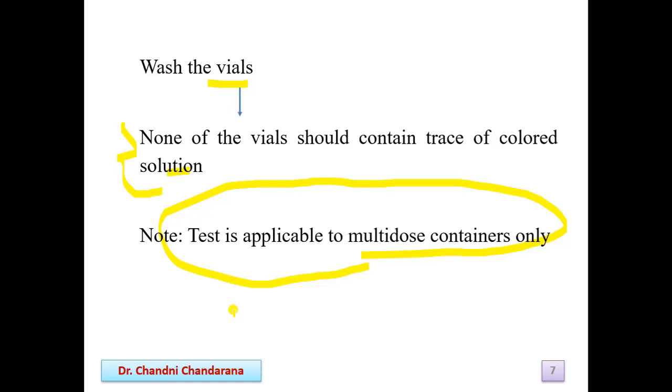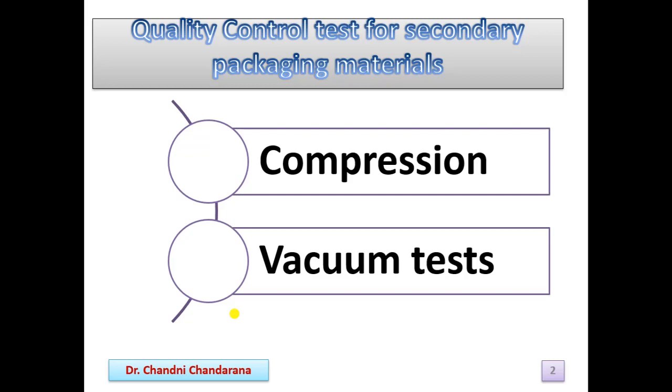Now we will see the tests for secondary packaging materials, like the cartons. Here two tests are mainly used. A package integrity test is also there, but generally nowadays it is not used. The first is the compression test and the second is the vacuum test.